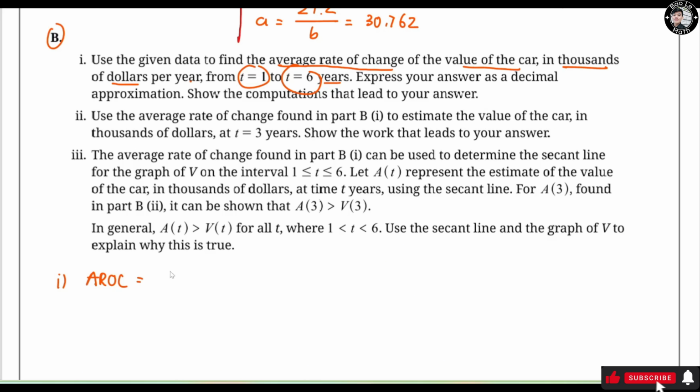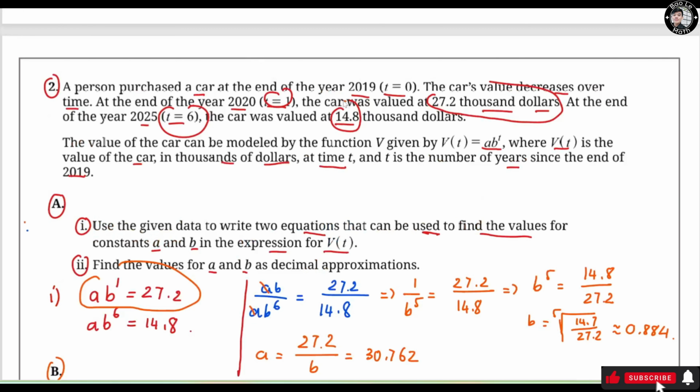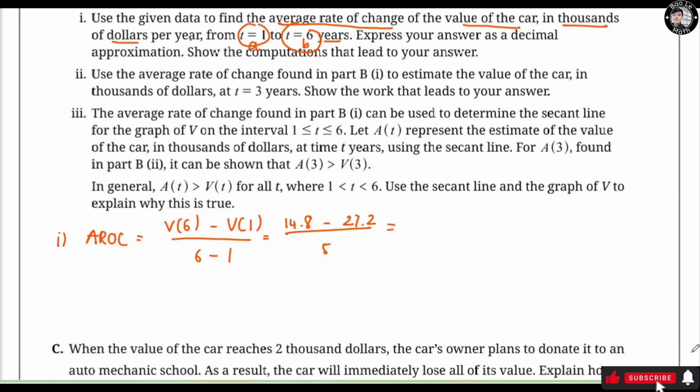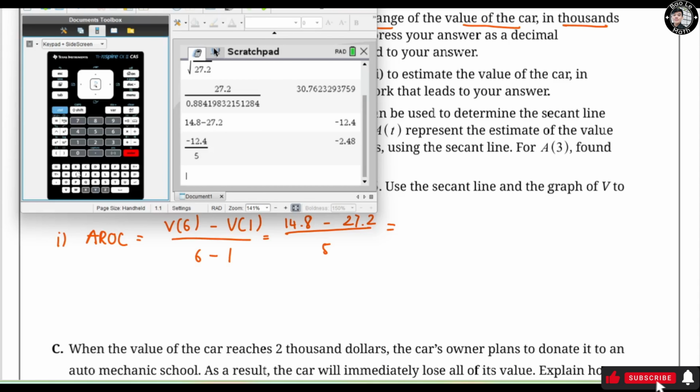In this situation, we have a equals 1 and b equals 6. So V of 6 subtract V of 1 divided by 6 subtract 1. Now we substitute the values: V of 6 equals 14.8 and V of 1 equals 27.2. Now we're going to punch it into the calculator. It's negative 2.48.